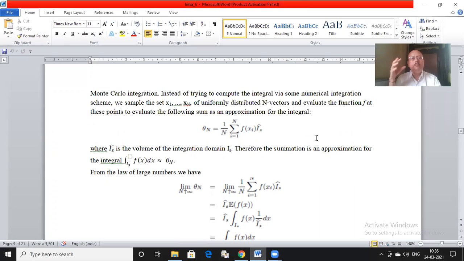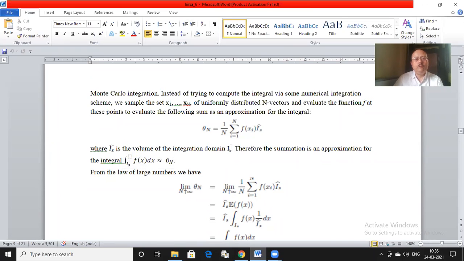I simply evaluate the function f at these points to finally get an approximation for the integral. So my approximation is a simple arithmetic average, theta N, a simple average of this f, multiplied by the volume of the integration domain I^s.